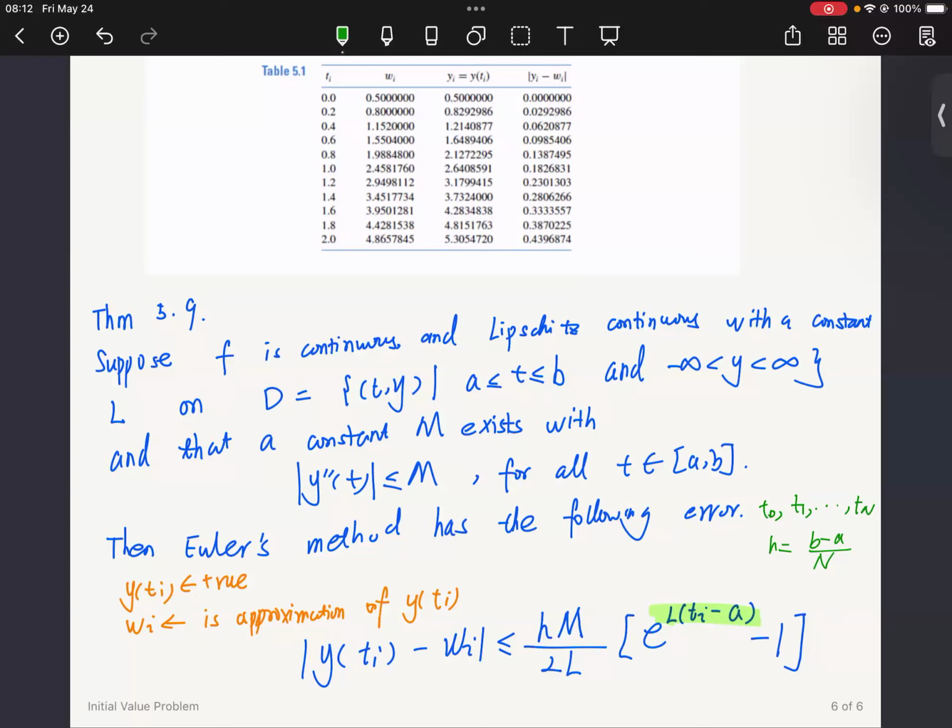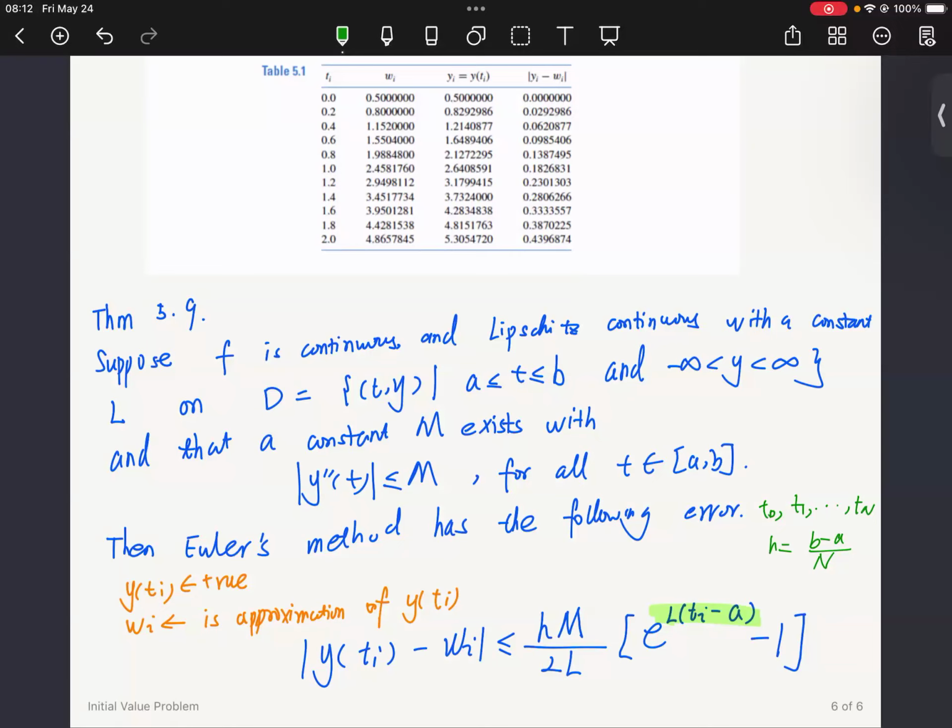Which means that if you have a Lipschitz continuous function with a bigger constant L, then you are expecting a bigger error. Does it make sense? So you will see some effect here, and this is the phenomenon you must see in your numerical example.